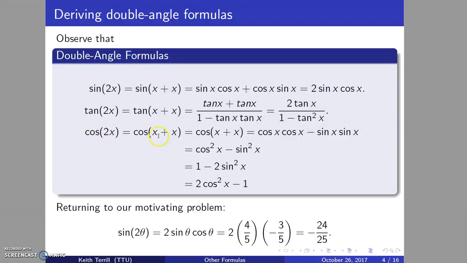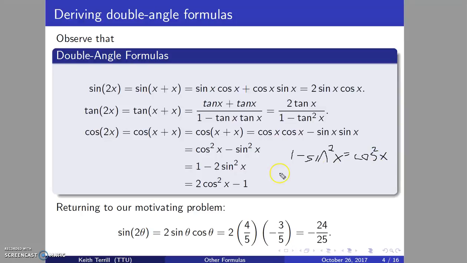And then cosine of x plus x actually has a few ways it can go, right? I've got cosine, cosine, sine, sine, so I've got cosine squared minus sine squared. But using the Pythagorean identities, recognizing that 1 minus sine squared is cosine squared, I can make that substitution.